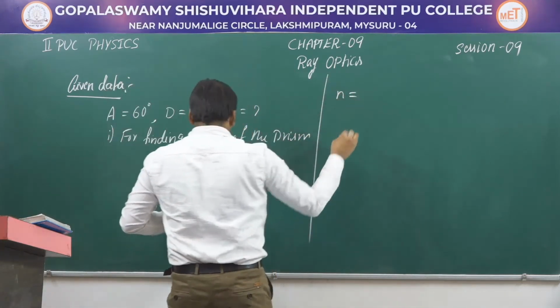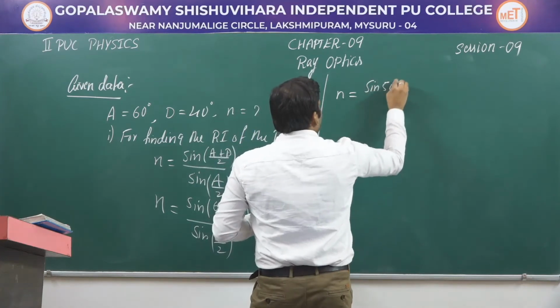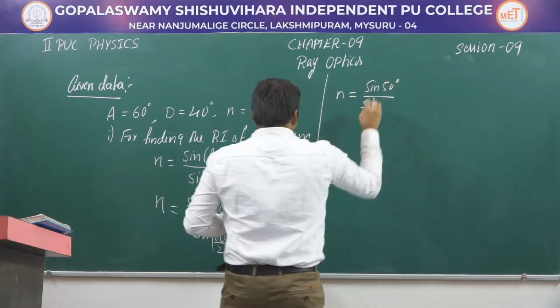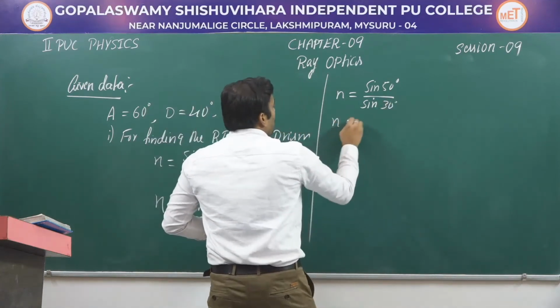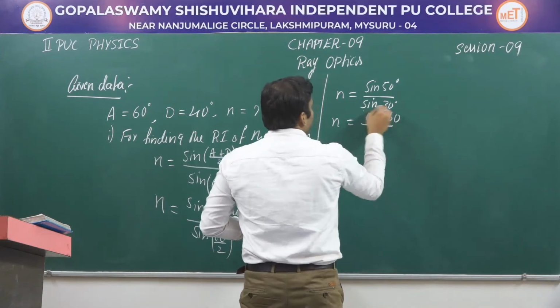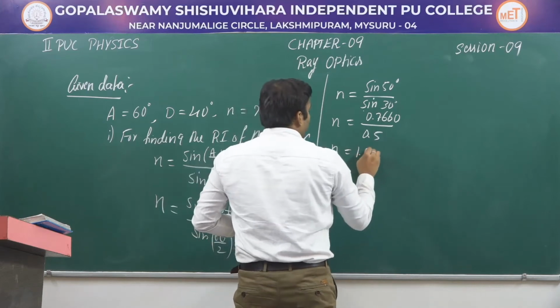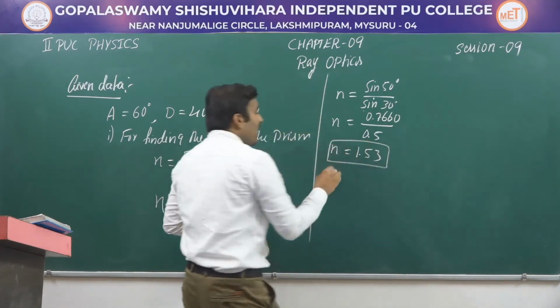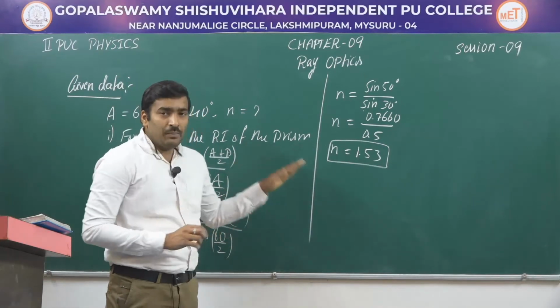N is equal to sine of 60 plus 40 by 2, which is sine 50 degree, divided by sine of 60 by 2, which is sine 30 degree. So sine 50 degree is 0.7660 divided by sine 30, which is 0.5. So you will get 1.53. So we got the value of refractive index of the prism. This has already been done in the previous problem.